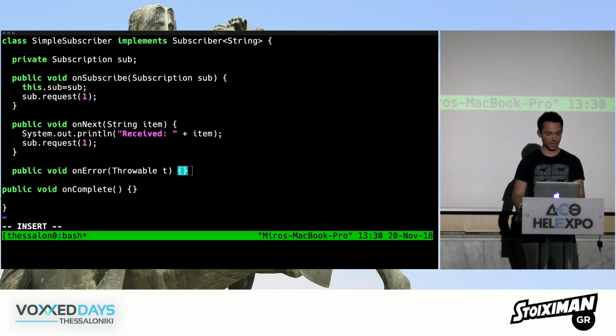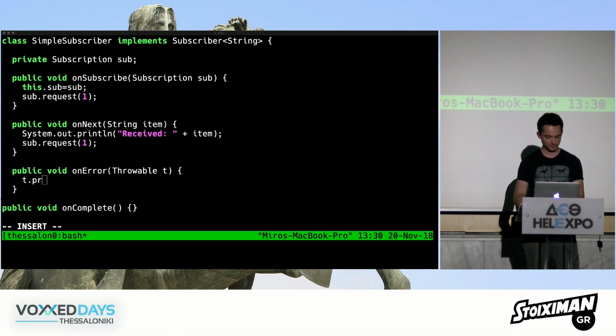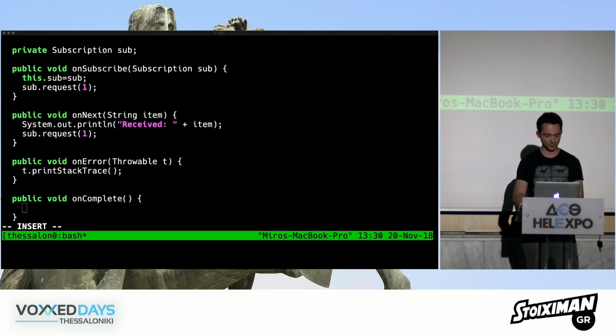In onError, I'm going to implement the best possible error handling. And in onComplete, I need to clean up. Of course, there's not a lot to clean up right now, so all I need to do here is actually print out that we're done here.